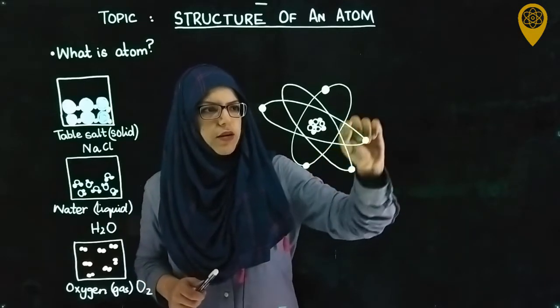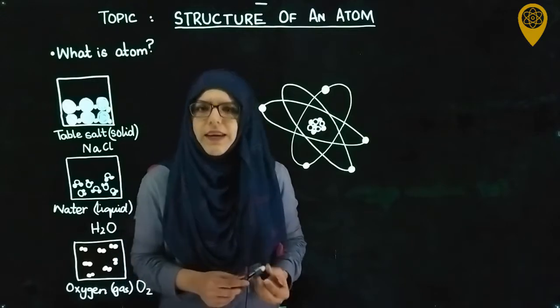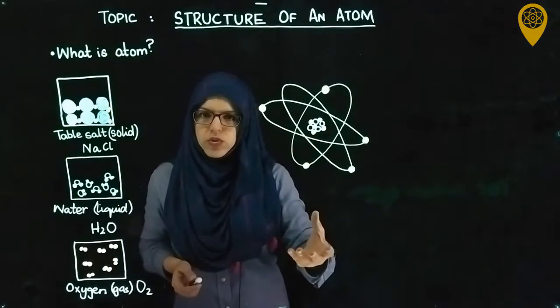This line which you can see, it is an imaginary line. ये एक real line नहीं होती है, एक real pathway नहीं होता है, या structure में ये मौजूद नहीं होता है.